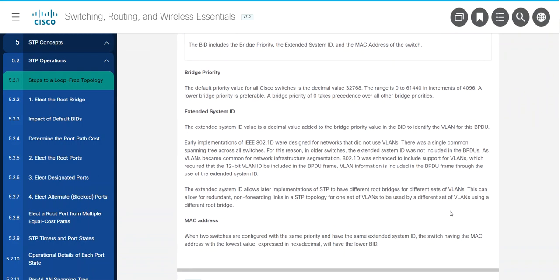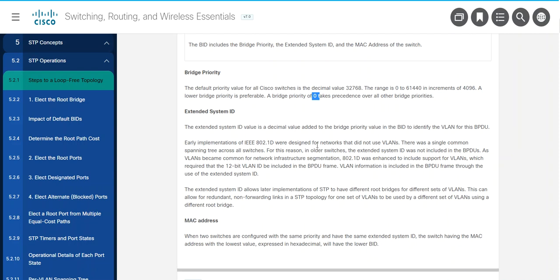The default priority value for all Cisco switches is 32,768. The total range is 0 to 61,440, in increments of 4096. A bridge priority value of 0 takes precedence over all other bridge priorities because it's the lower bridge priority.